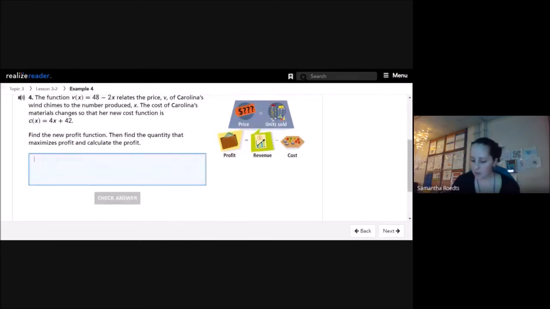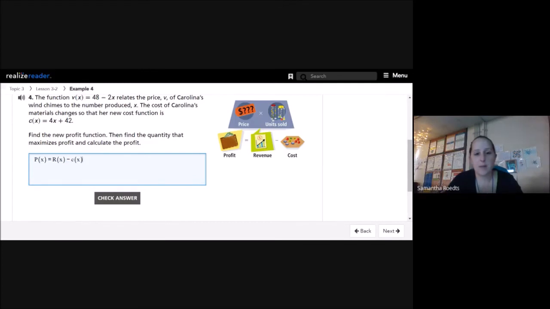Okay. So we know that p of x equals, so your profit equals the revenue, r of x, minus your cost.